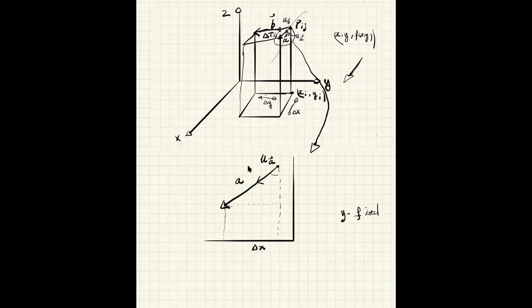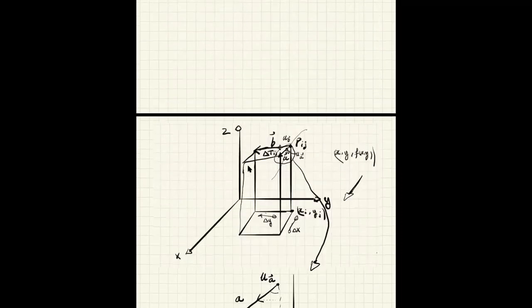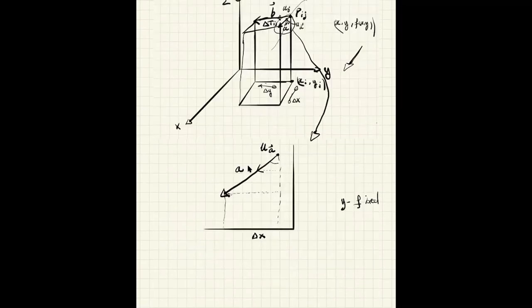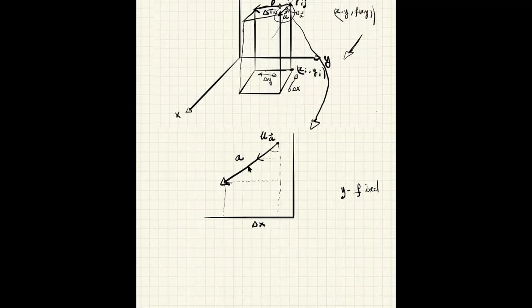Because fx is just the tangent of this angle here. So it's this over this. When you multiply by delta x, it gives you this length here. Okay, so this is alpha. So think about fx as exactly the same as in one dimension. It's the tangent of alpha.